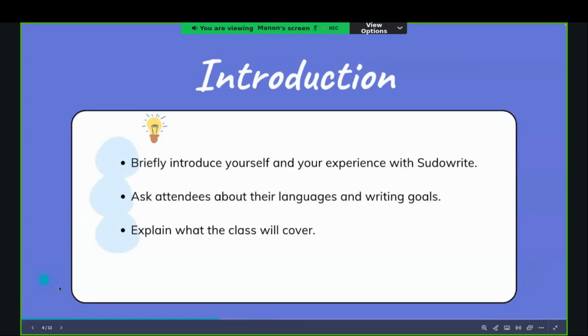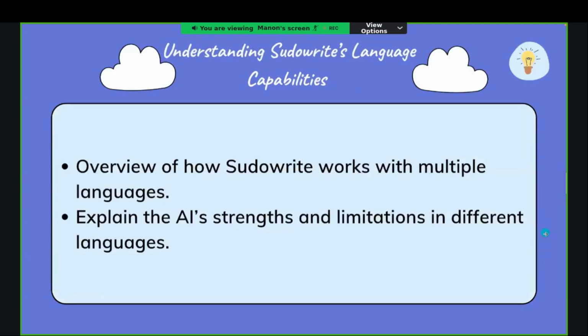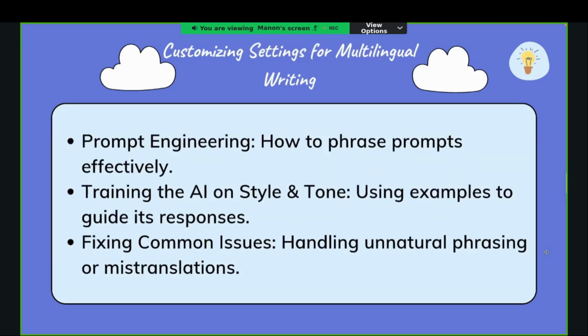So we did already the small introduction, writing goals, explain what the class would cover because we are working together. So we are splitting the class. So for my part, normally it's all in French, but I do love writing and testing in your language. Explain the AI, the strength and limitation. You have seen a bit of that with Dahlia. I'm going to show you a few prompts to play with Sudowrite.